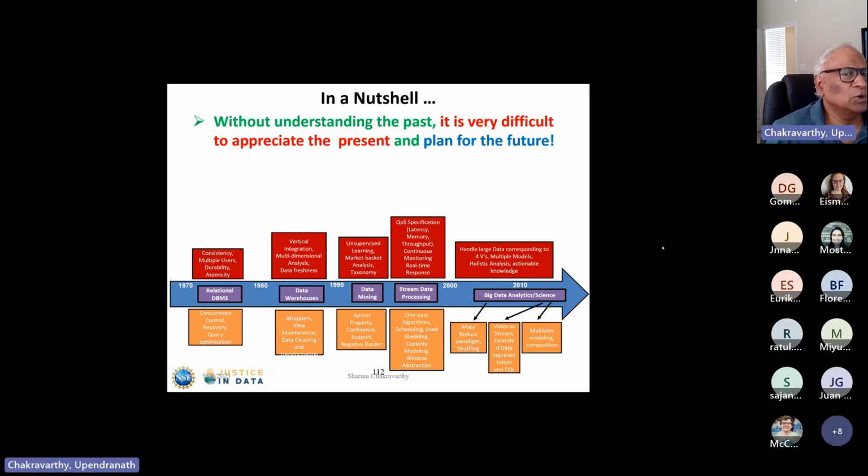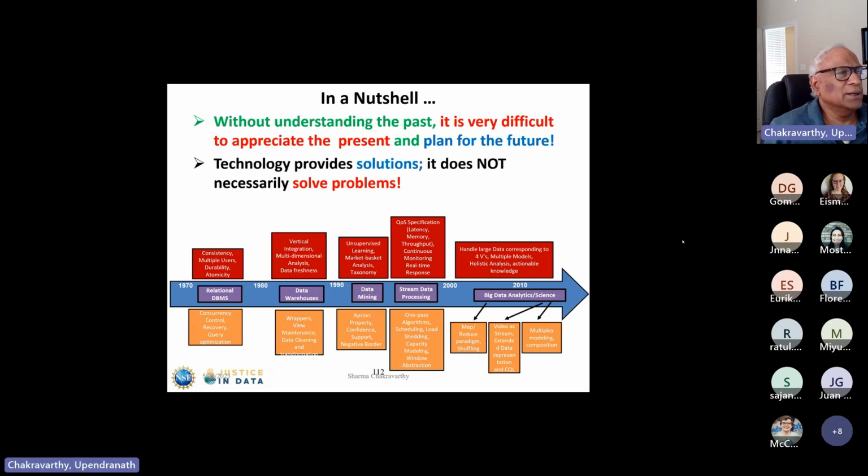The other thing I think is very important, and I try to emphasize this to my students, is that technology provides solutions, but it does not necessarily solve problems. I think there is a big difference between solving a problem and a technical solution.